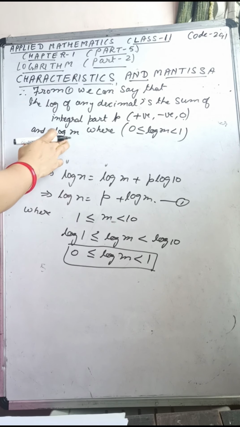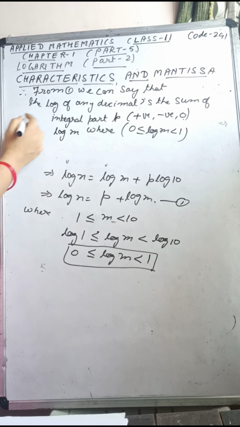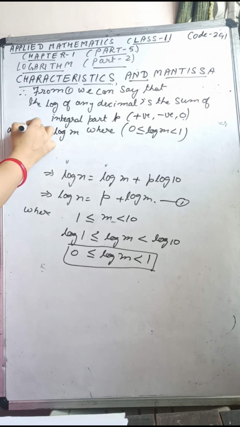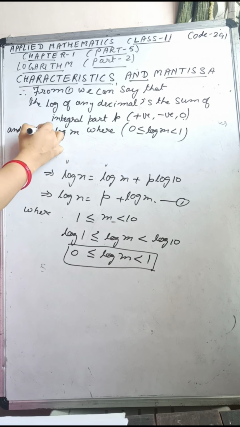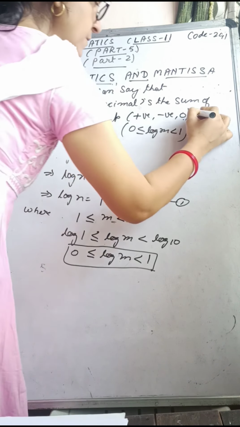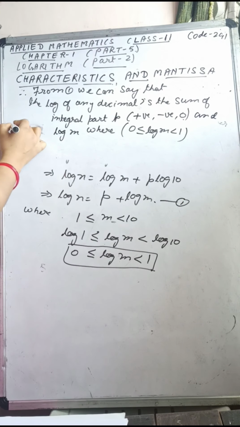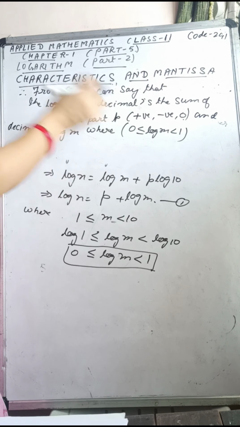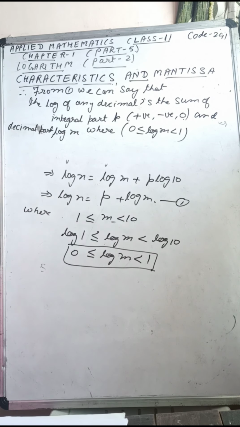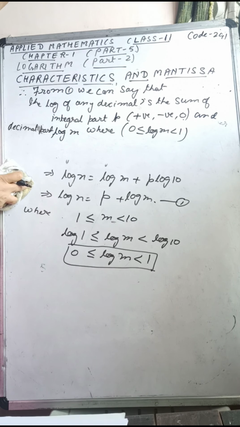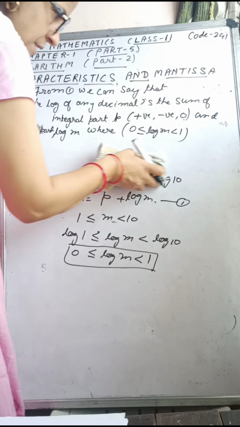So over here I can write the decimal part, log m, where 0 is less than or equal to log m, which is less than 1. Now this equation 1 I am leaving as such.